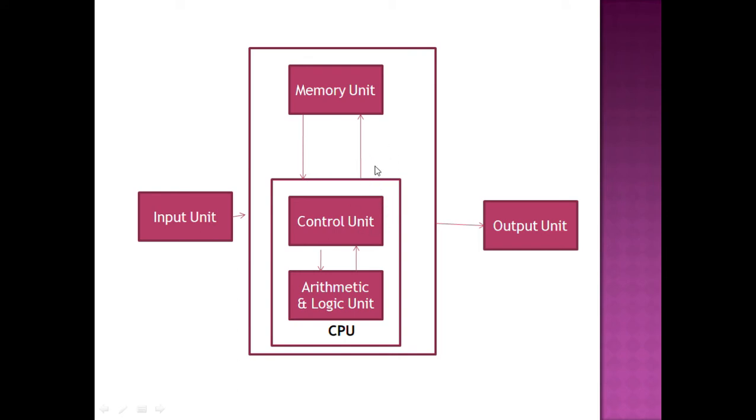Once the processing is done, the information can be sent to the output unit. The output unit will not send any information back to the CPU. Its only task is to get the information from the CPU. So this is our block diagram of computer.